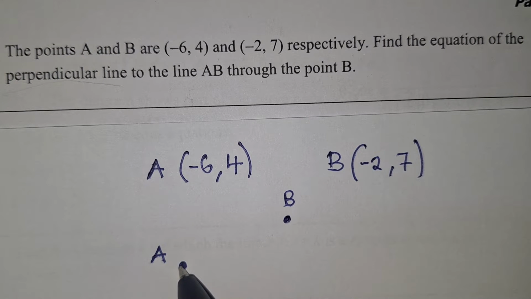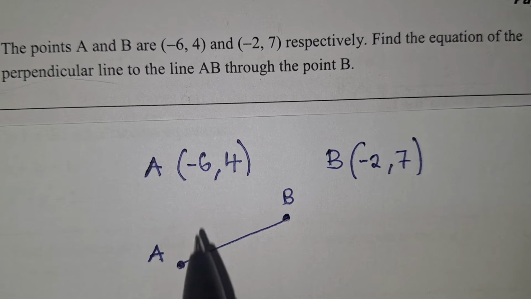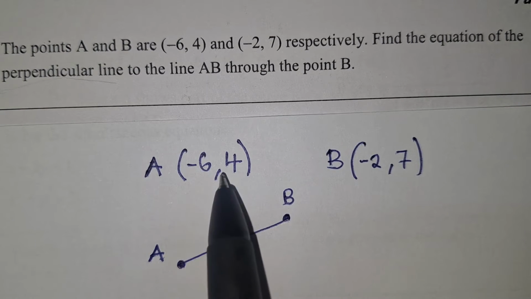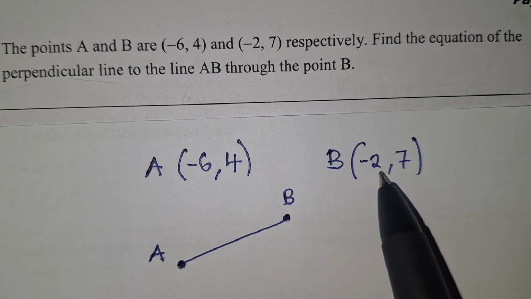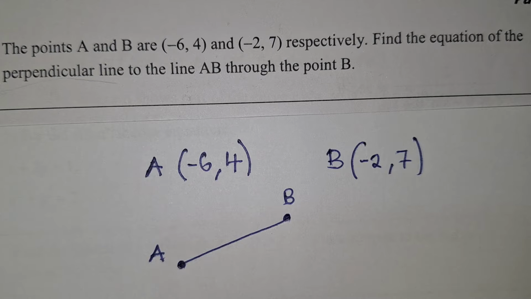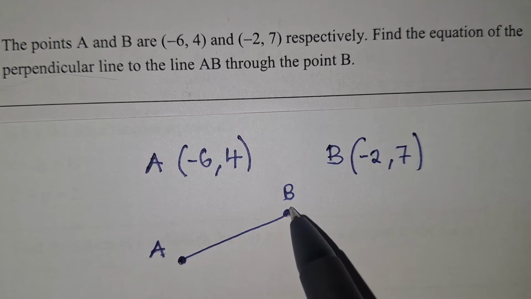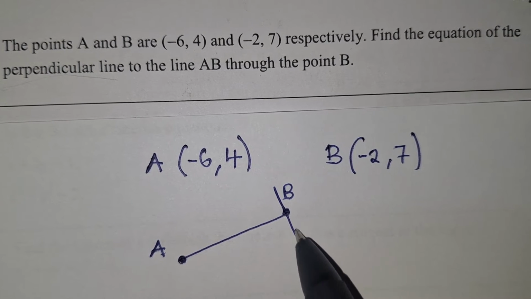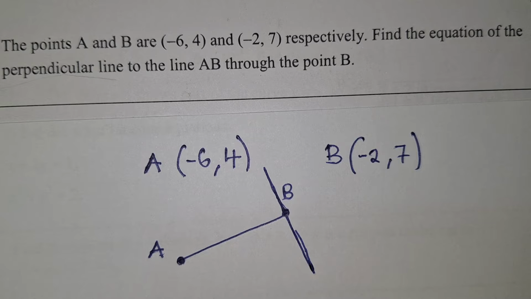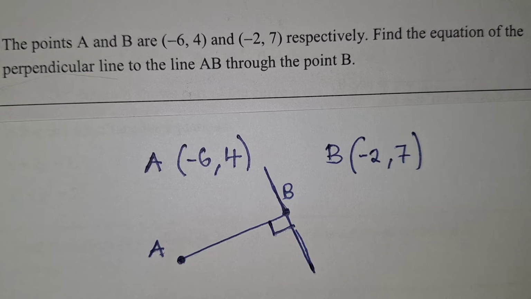So there is a line which is joining these 2 points. We know, of course, that this is (-6, 4), while this is (-2, 7). So what they want us to find is the equation of this line at B, the line which is going to form 90 degrees.